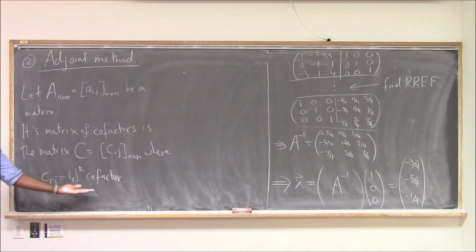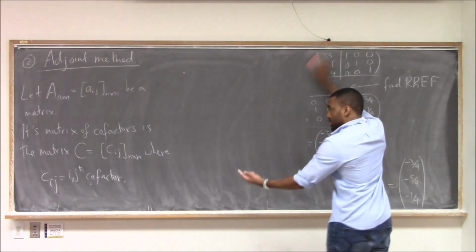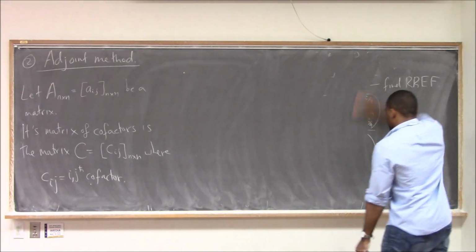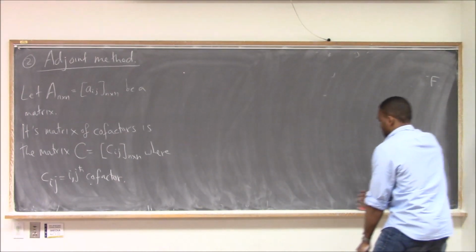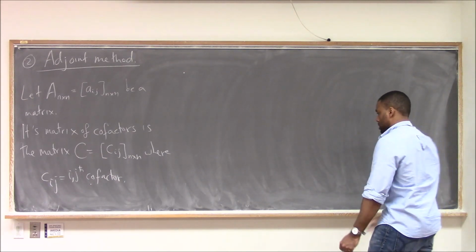Right? Literally the same guy from the determinant. So it's the minors followed by the sign, the sign change from the checkerboard pattern.